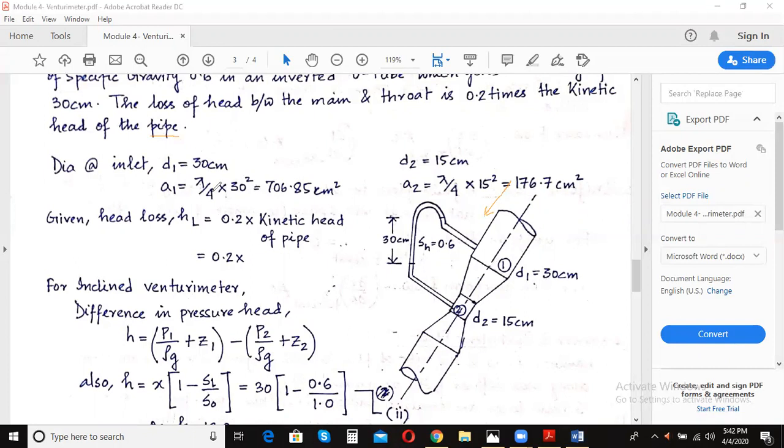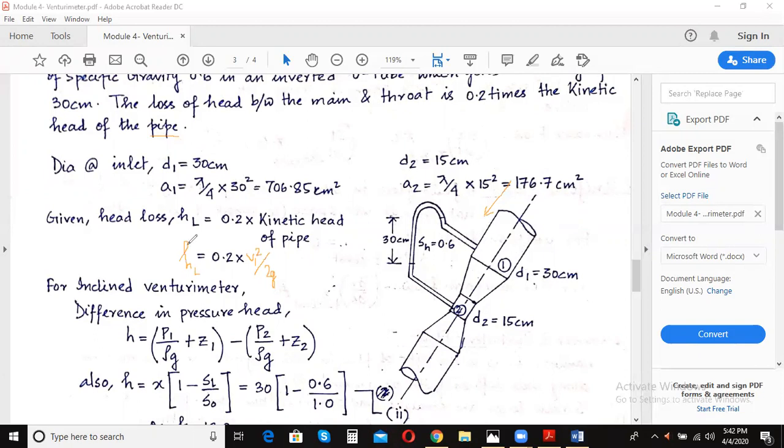So HL, which is the head loss, is going to be equal to 0.2 times V1 square divided by 2G. Okay, it is not going to be V2 square, because V2 is the velocity corresponding to the throat of the Venturimeter. So this is not the section of the pipe, this is the section of the pipe. So we have to consider the velocity at section 1, right?